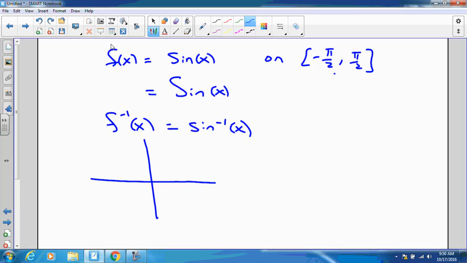And the way I usually do that is with what I call a 3-point solution. I know 3 points on the graph of inverse sine. I know that when x is equal to 1, inverse sine of 1 will be pi over 2, because sine of pi over 2 is 1.